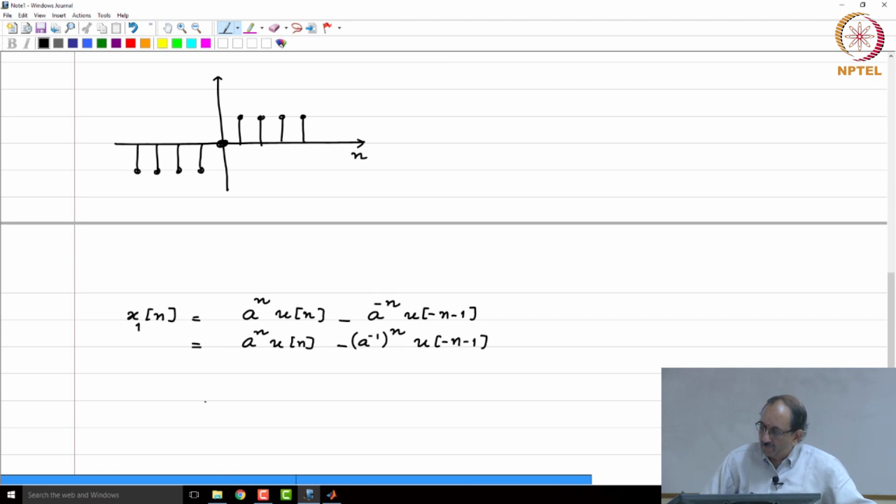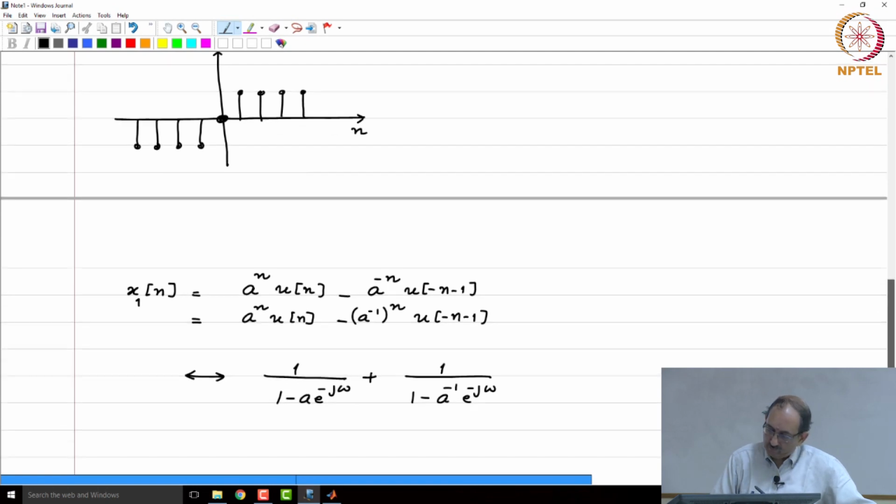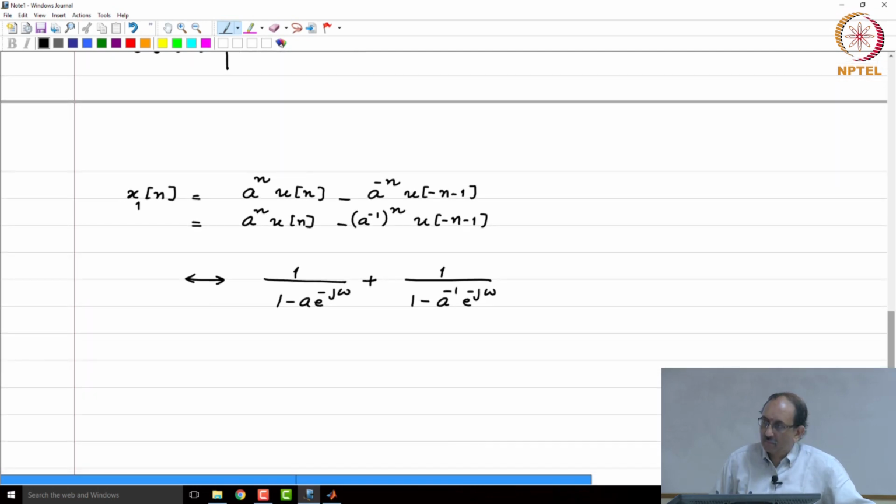And now we know the transform. So this is 1 by 1 minus a e to the minus j omega plus 1 by 1 minus a inverse e to the minus j omega. And now we will take the limit as a tending to 1.